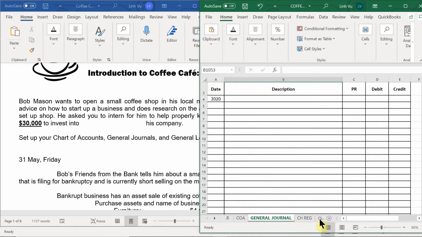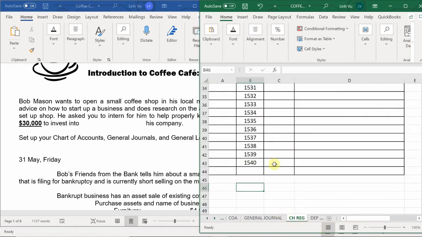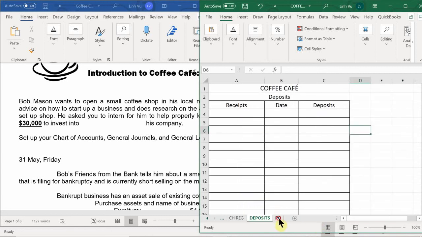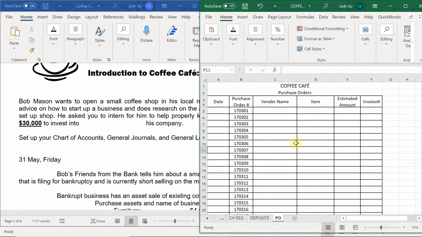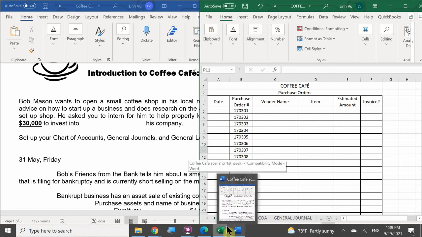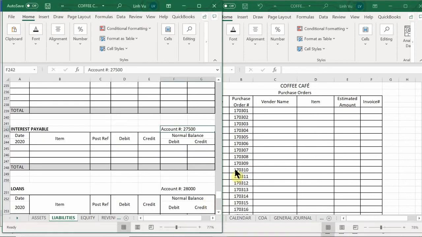Your check register, so then we will be writing some checks. And you have a deposits window, and you have a purchase order form as well. And of course, I told you too that we're also going to be using the general ledger for the first time. The general ledger?